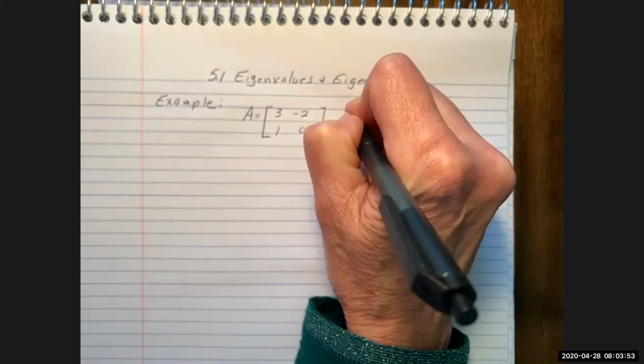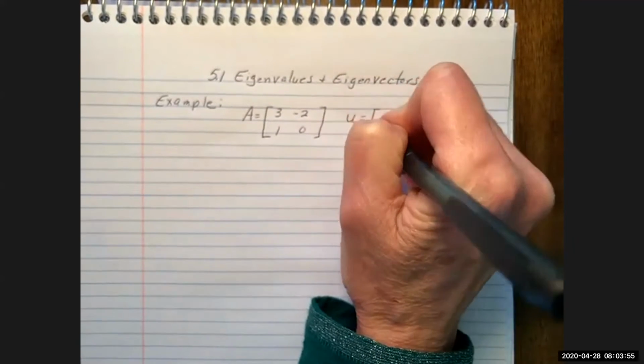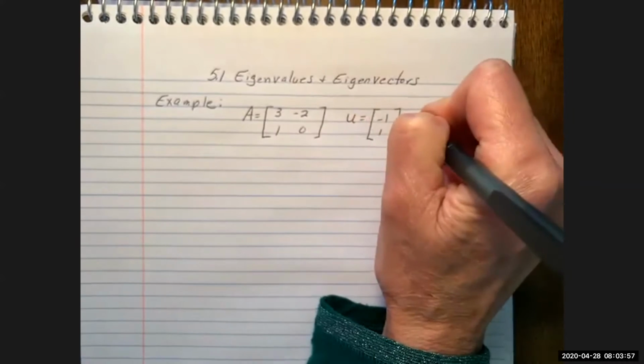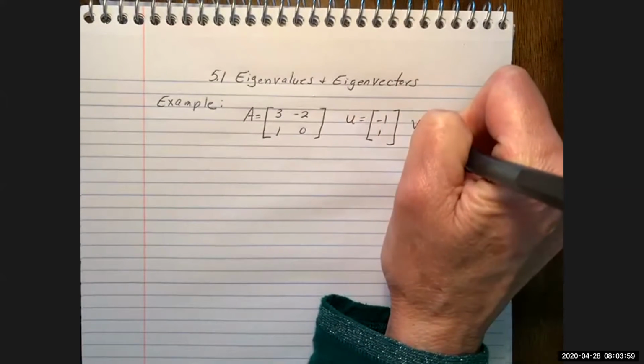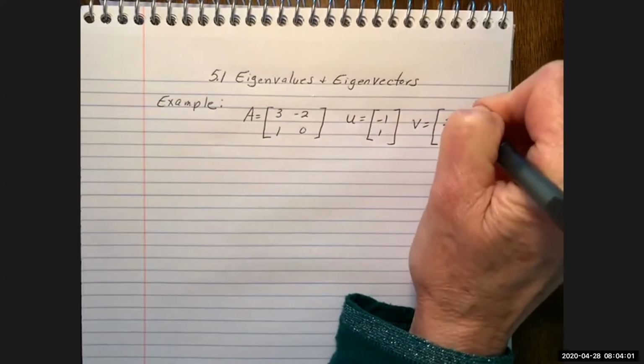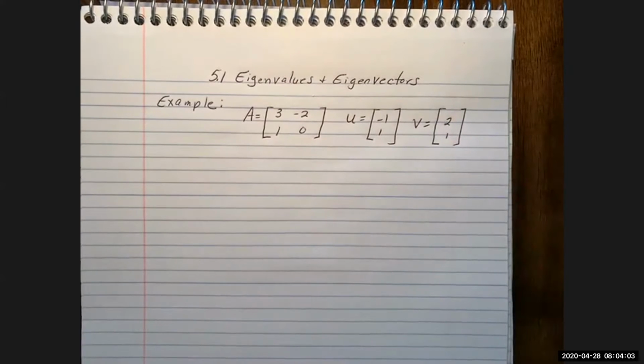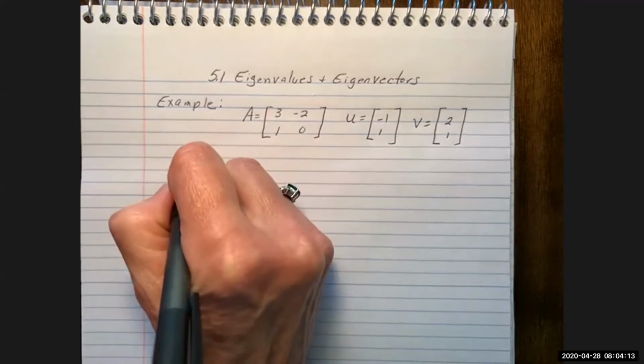And we're going to have two vectors. U is -1, 1, and V is 2, 1. We want to calculate two different things. We want to find AU.